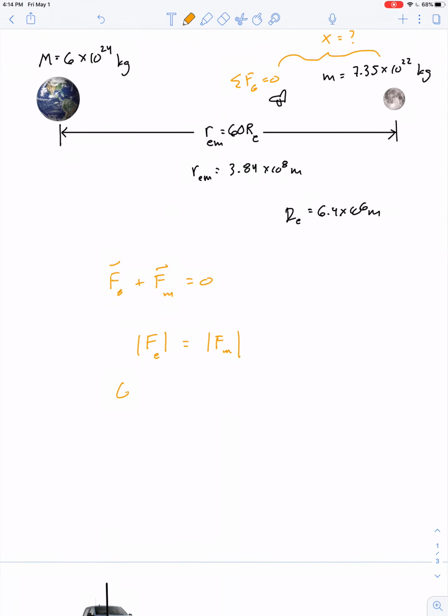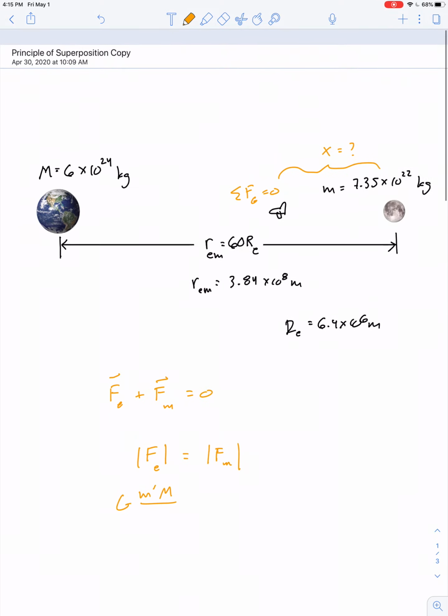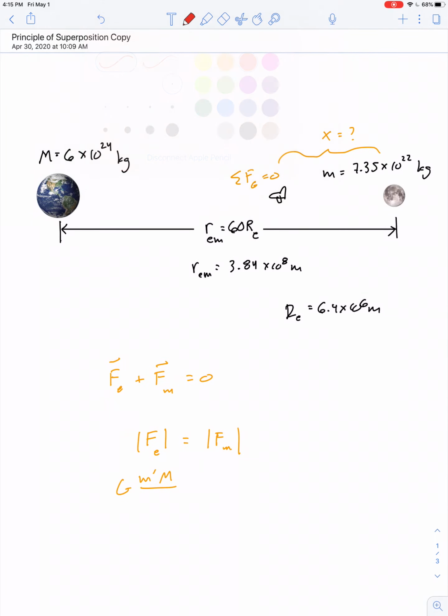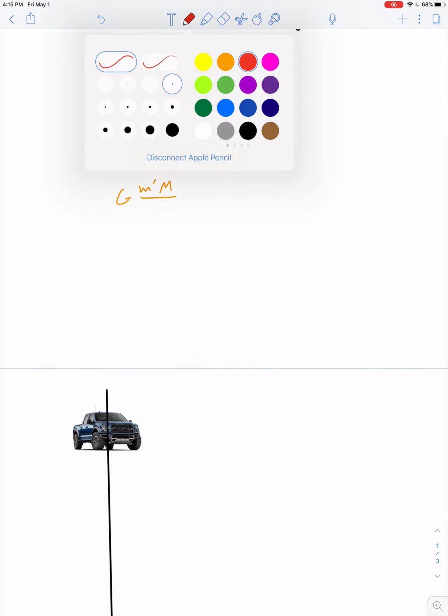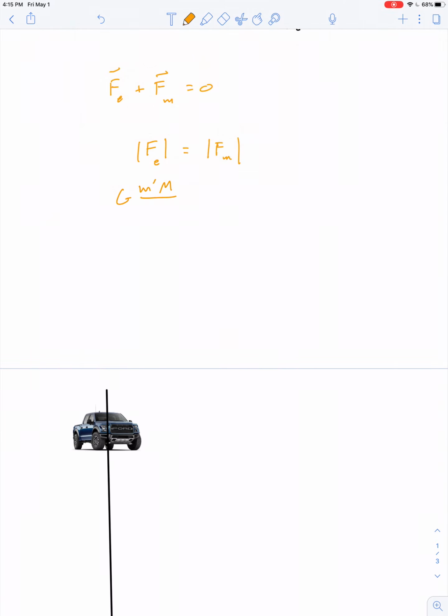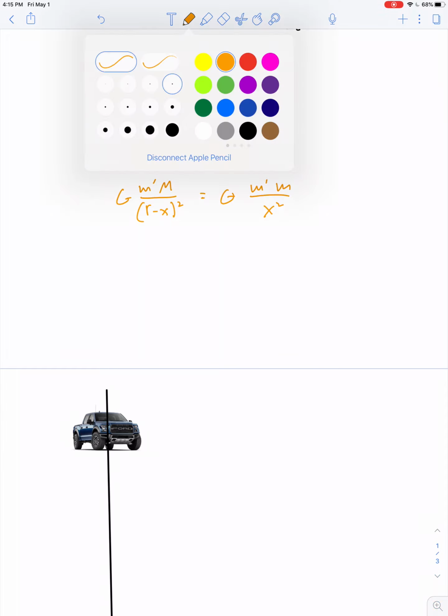So G times m prime times the mass of the Earth divided by, well, let's see, if we label this distance as x, then the only thing we can call this distance would be r minus x, right? Okay, so G m prime times M over r minus x quantity squared has to equal G m prime lowercase m over x squared.